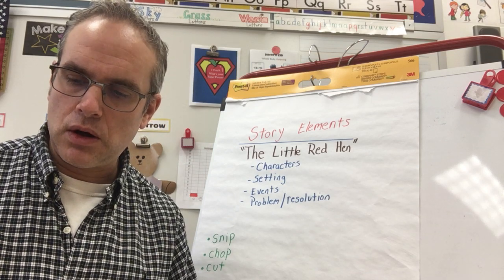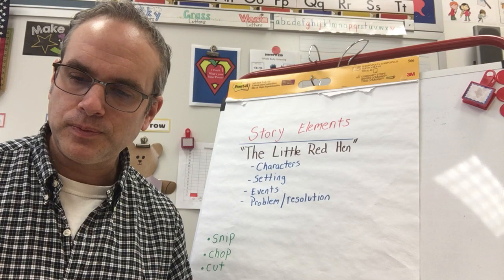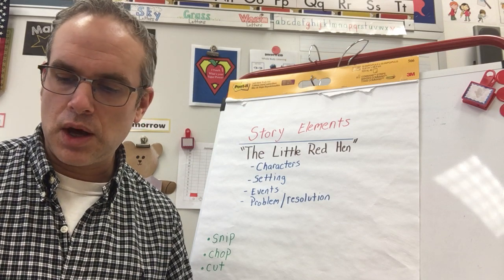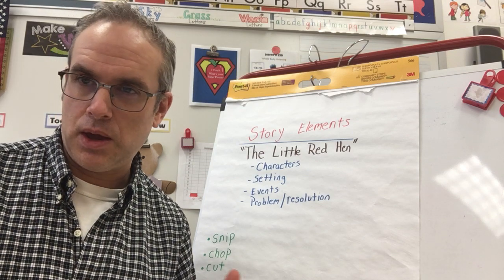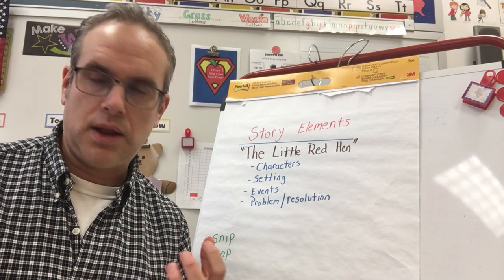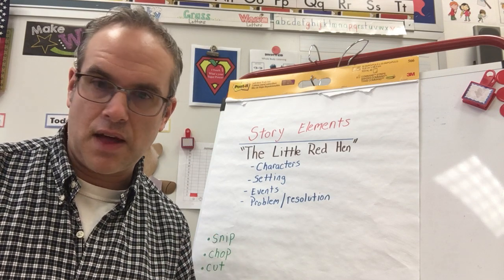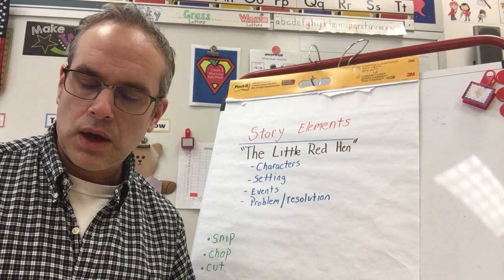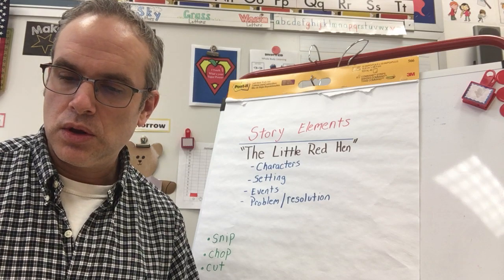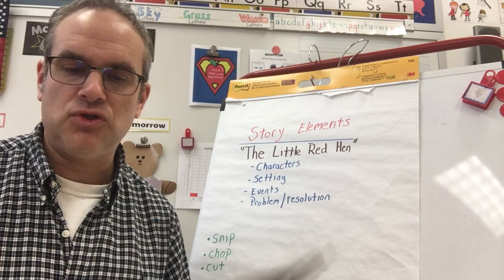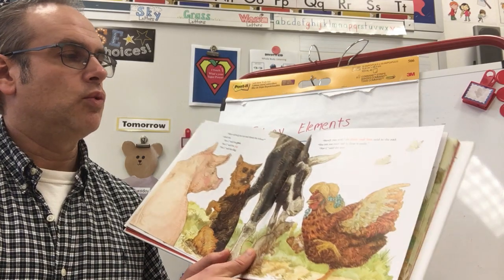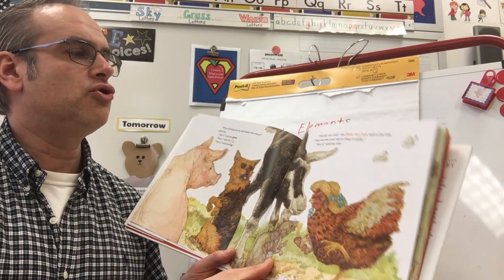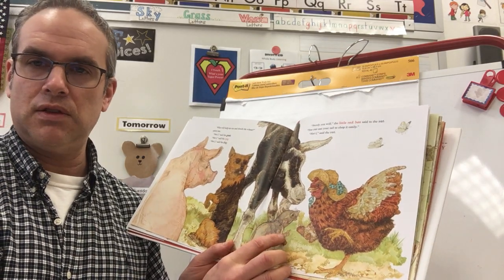I want to focus in on one part today. When the wheat is ready to be cut and the grains taken out, that's called threshing. And she goes to the rat, and she asks the rat, will you help? Surely you will. You can use your tail to chop it easily.